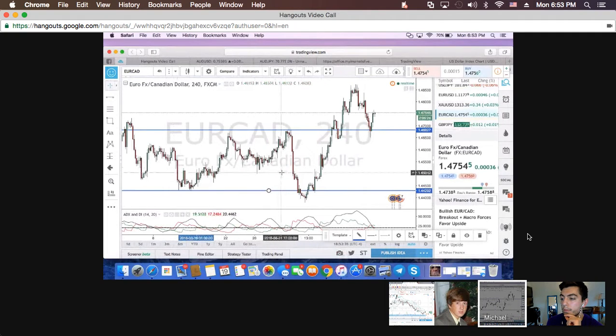It broke support. It kind of faked people out here, because a lot of people just buy breakouts. They'll buy as soon as it breaks, because that's what they teach you on YouTube: when it breaks support and resistance, start buying. But you got to wait for it to come back and retest to see if it's going to stay. And this one obviously went right back through it pretty smoothly, and it made a reversal, so you knew it wasn't going to continue.